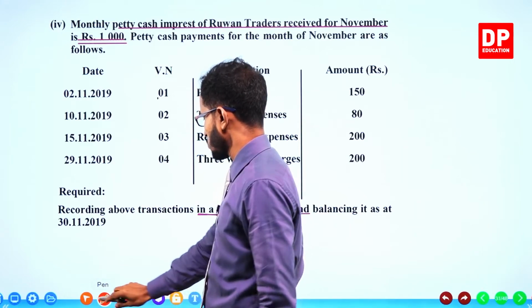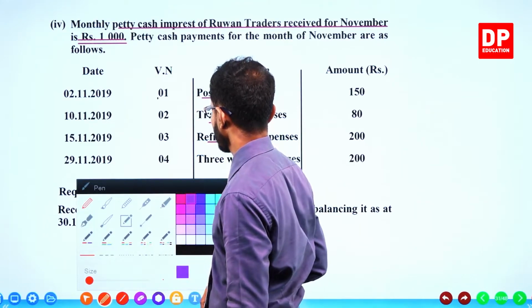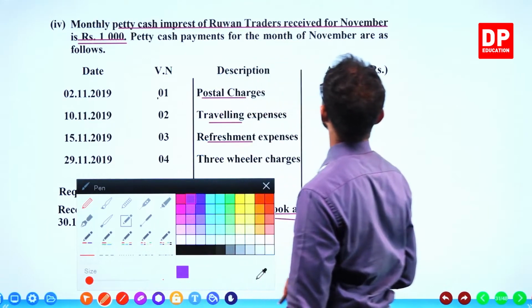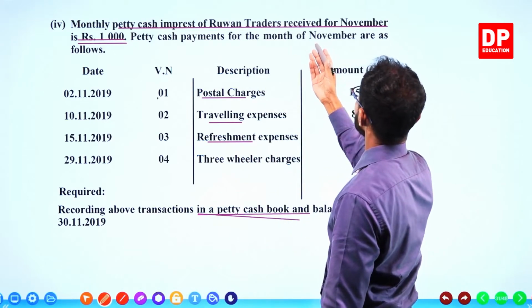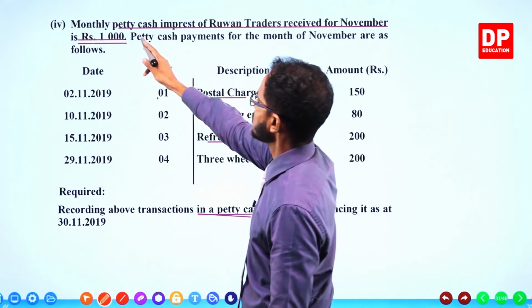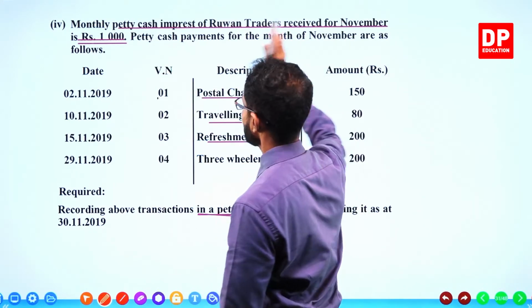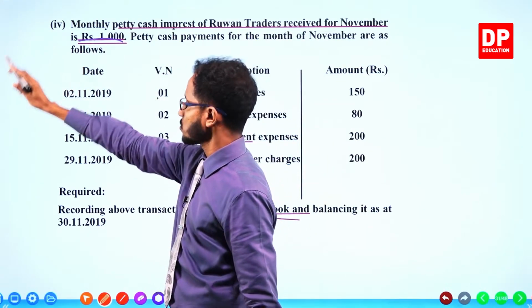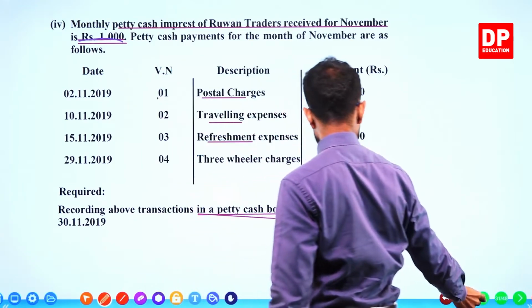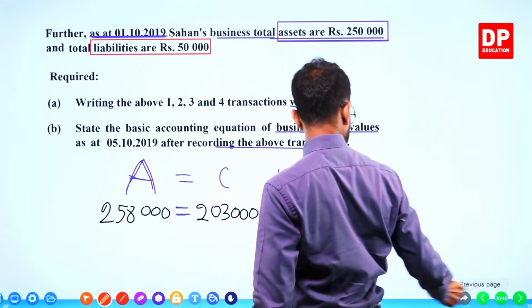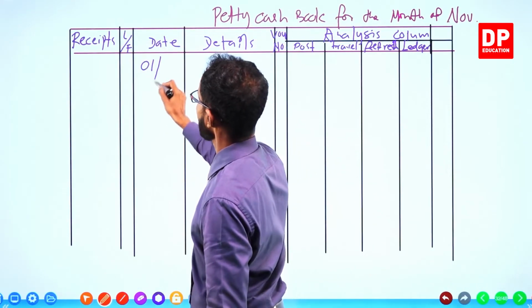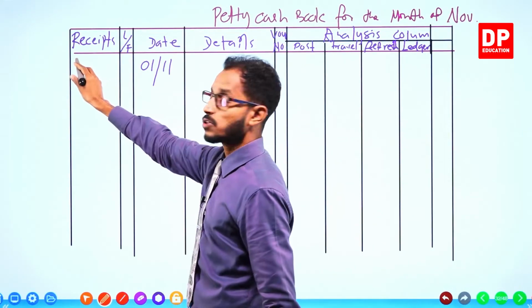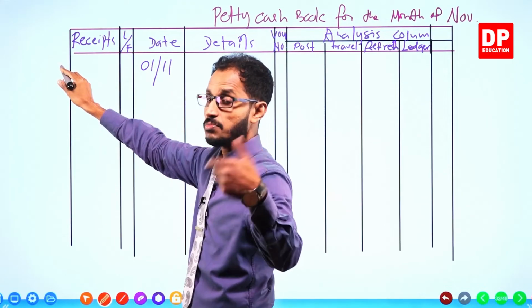Let's record that. Month of November. So first of November, petty cash imprest received 1000. Date 1st, 11th. Receipts on the receipt side, because we have received money, 1000.